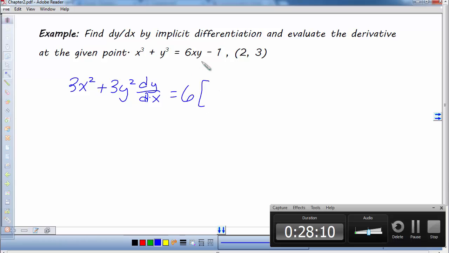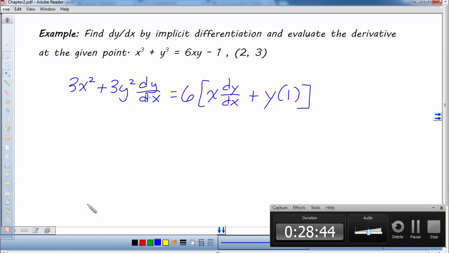X is my first, y is my second. So my first is x. The derivative of y will be dy dx. Okay, plus the second times the derivative of the first is just 1. Okay, we're done with that. And then the derivative of 1 is 0. So plus 0. We don't even have to write that.